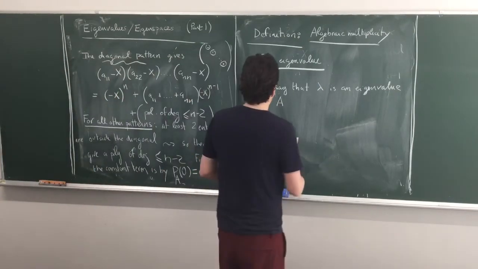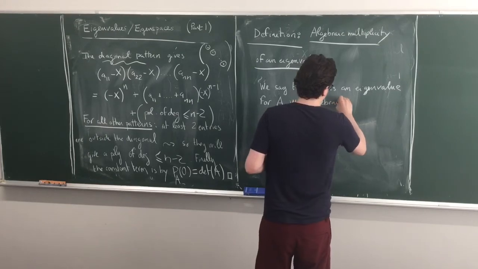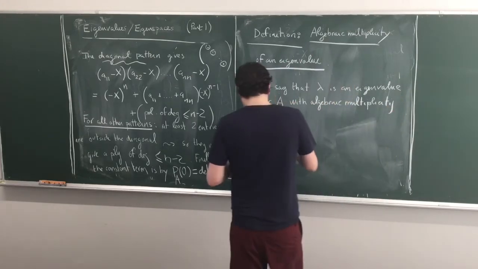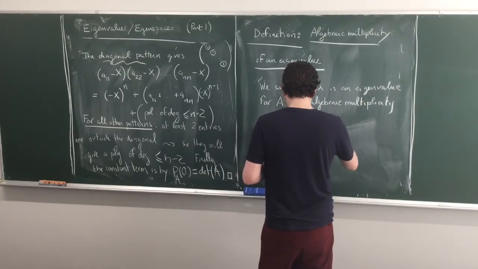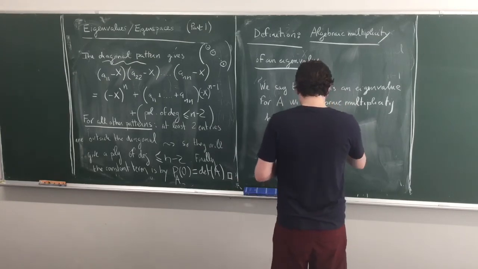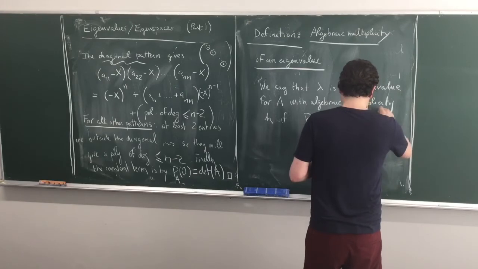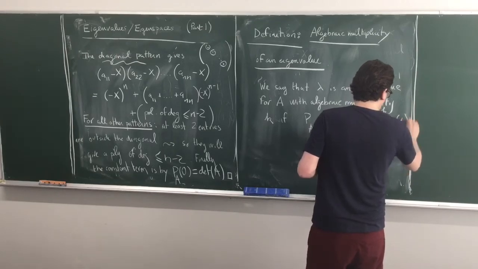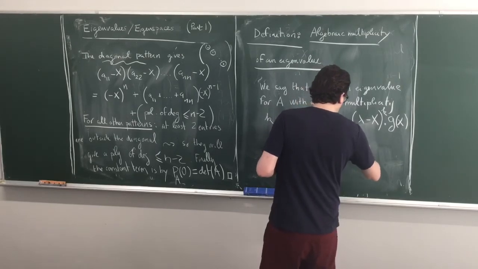Okay? So we say that lambda is an eigenvalue with algebraic multiplicity k if P_A of x is equal to (lambda minus x) to the power k times some other polynomial g of x, with g of lambda not 0.